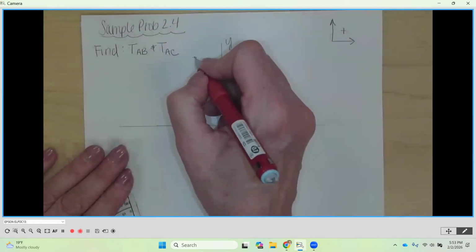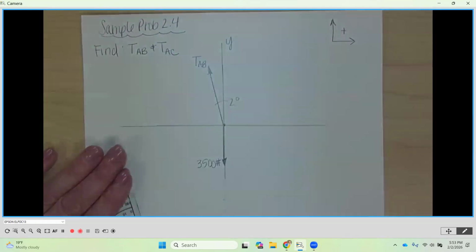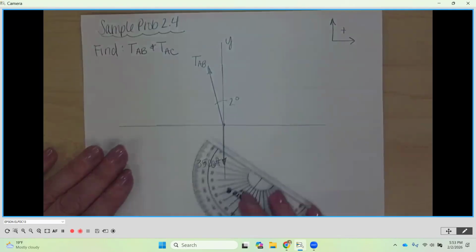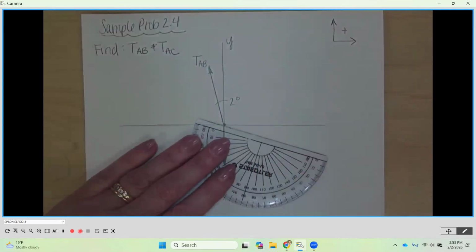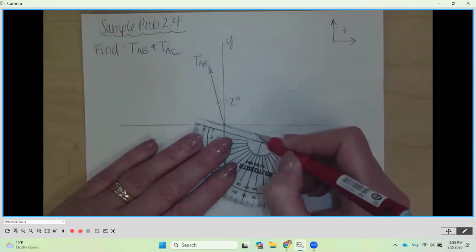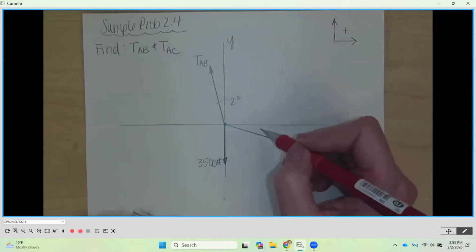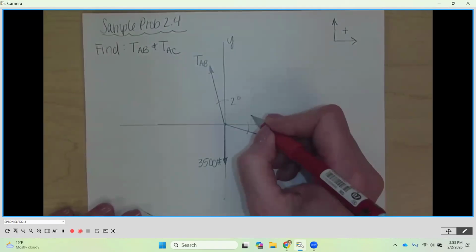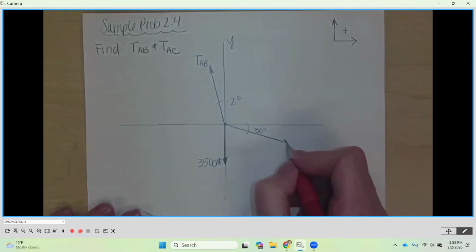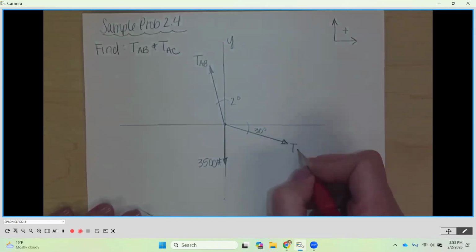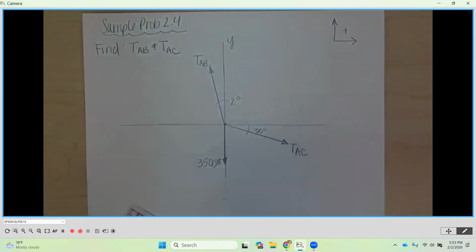And this is going to be the tension AB. And then the other one that we have is going to be going down and to the right. This is going to be in that 4th quadrant. This is going to be a 30-degree angle from horizontal. Okay. And this is going to be tension AC.